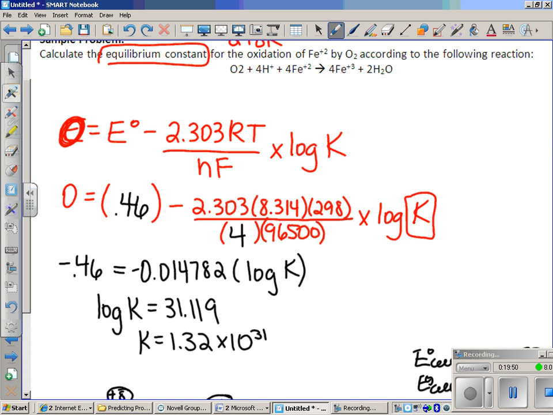Yep, 1.32 times 10 to the 31st is your value of K.